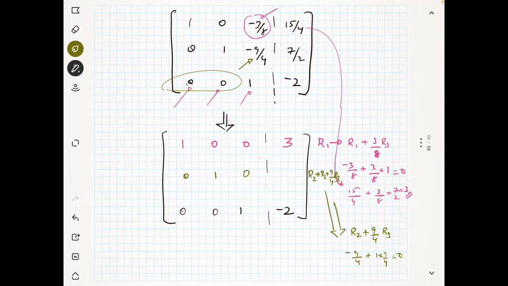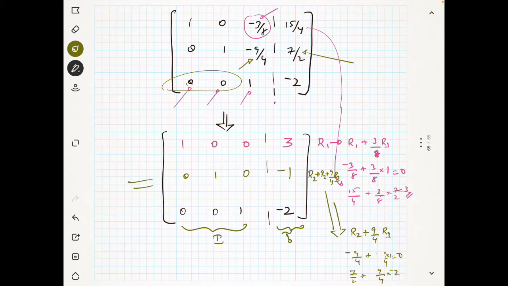Now this becomes 7 by 2 plus 9 by 4 into minus 2. So you will get this as minus 1. So you now have the identity matrix and you have got some b tilde.